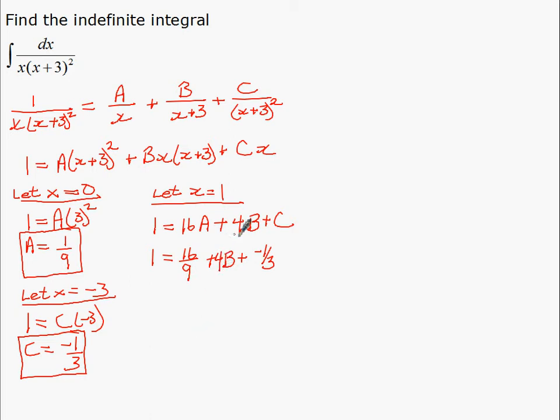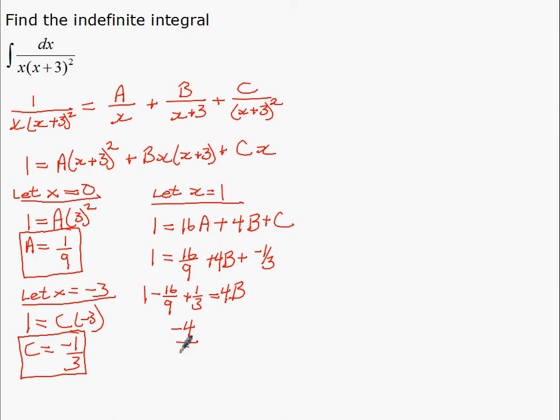That's 4B. Collect all the terms on the left, so 1 minus 16 over 9 plus 1 over 3 equals 4B. 1 minus 16 over 9 is negative 7 over 9 plus 3 over 9 is negative 4 over 9.